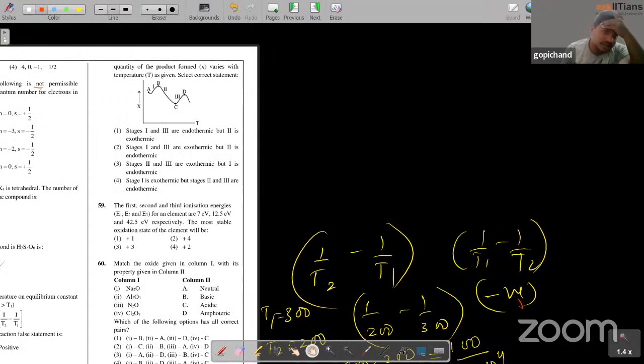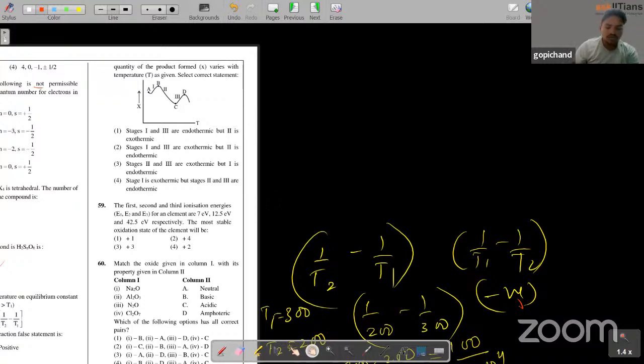Select the correct statement. They are asking you to select the statement. So they have given the graph of the quantity of product formation versus temperature. Stages 1 and 3 are endothermic, but 2 is exothermic. Now how the product formation varies depends upon whether it is endothermic or exothermic.